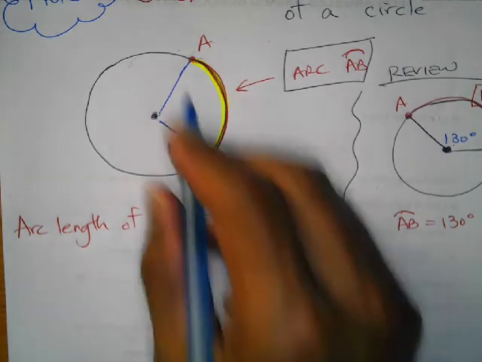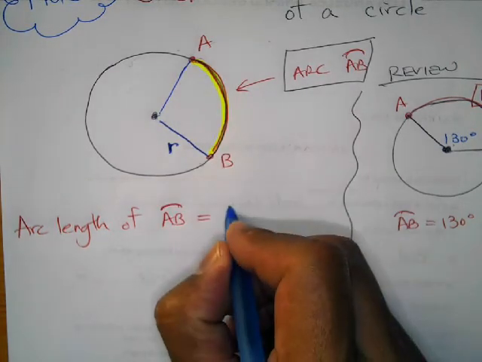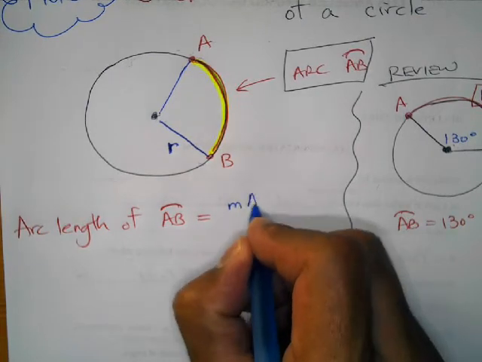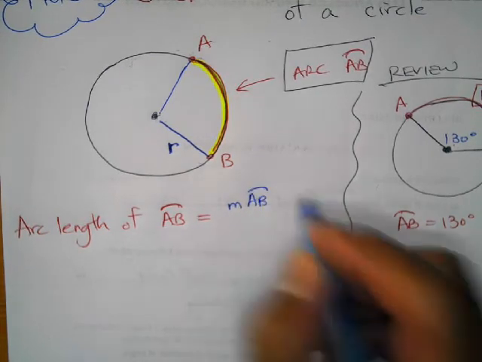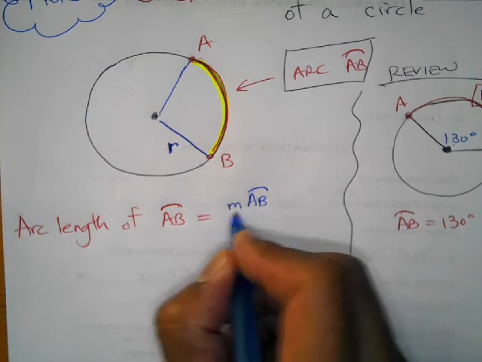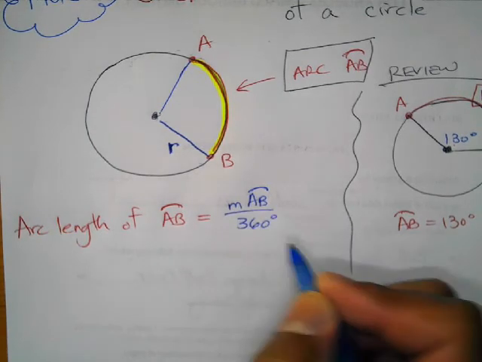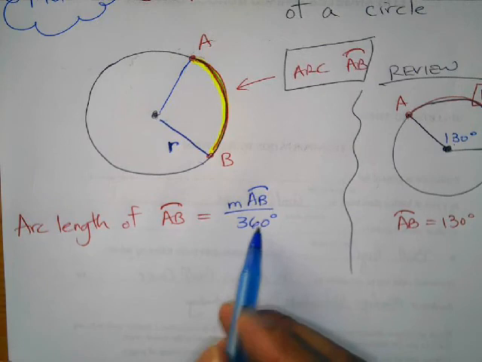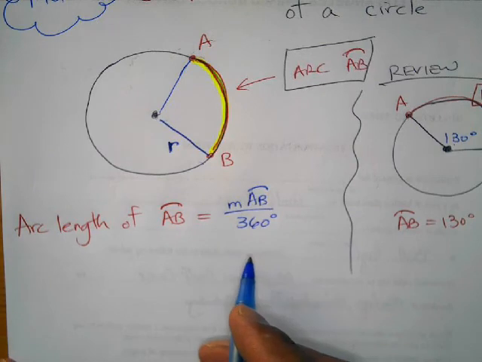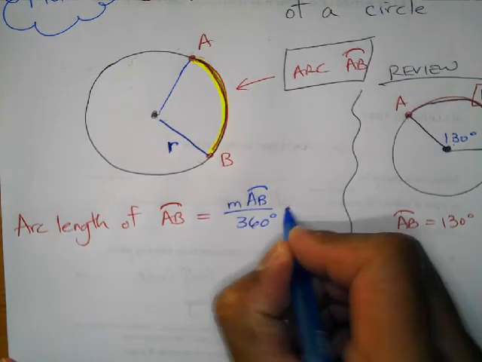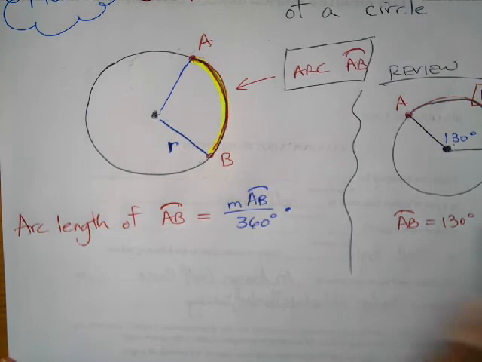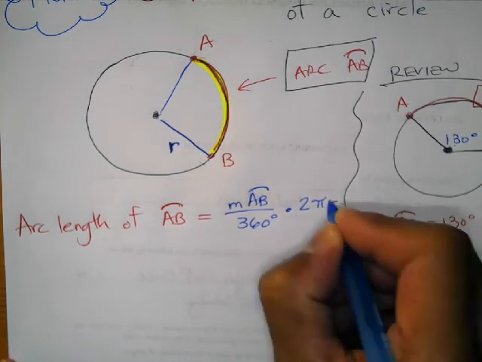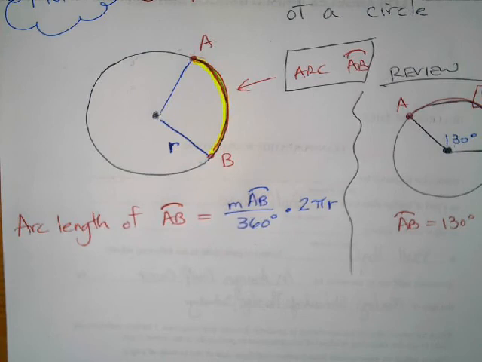It's going to be the degree, the measure of the angle of AB, but we're going to have to divide that by 360 degrees. And then multiply that to 2, and then pi, and then r.